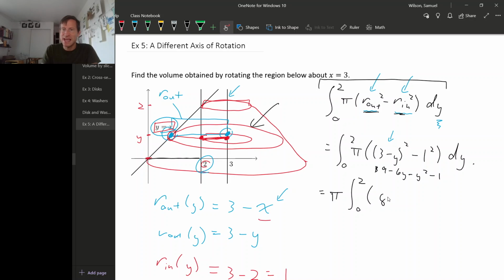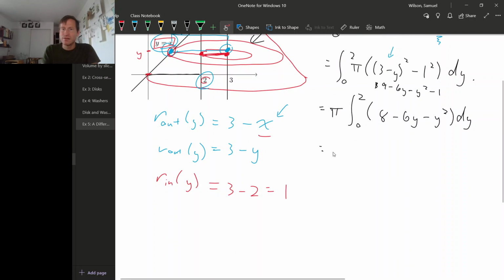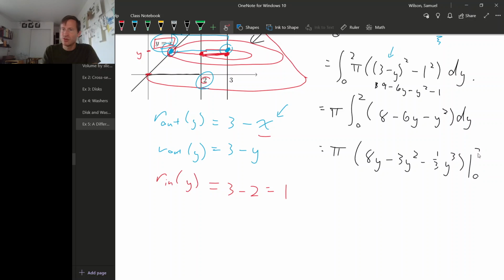So that's going to be 8 minus 6y minus y squared dy. So pi times, and now we can do an antiderivative. 8y minus 3y squared minus 1/3 y cubed, and we're going to go from 0 to 2.